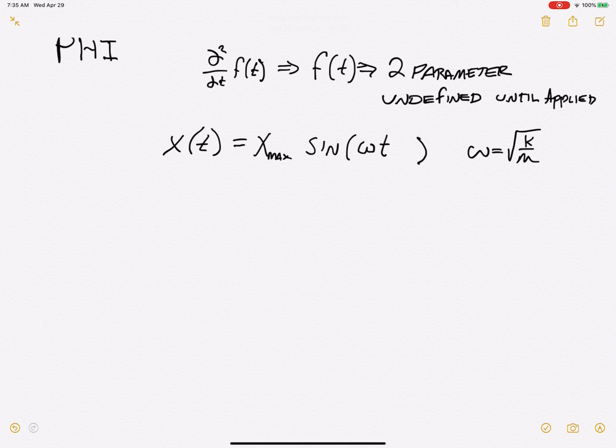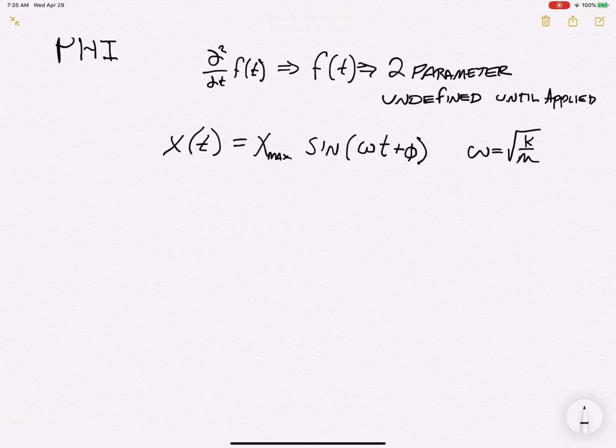K over m is defined. X max is a parameter, how far you pull the spring system back. What is left undefined then is the Greek letter phi. So we're trying to define what phi means in a practical sense.